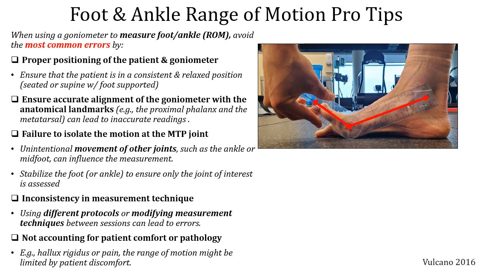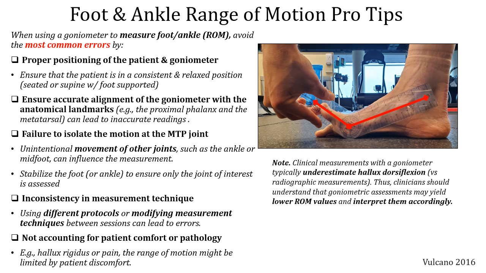An example of this would be hallux rigidus or pain. The range of motion might be limited more by fear or the symptoms that are elicited by the movement. We need to know the limitations of our measures.